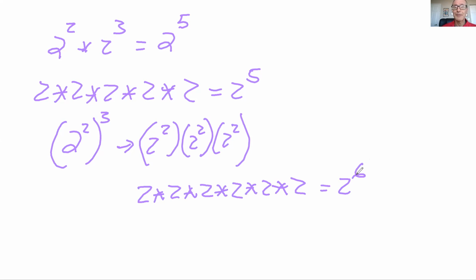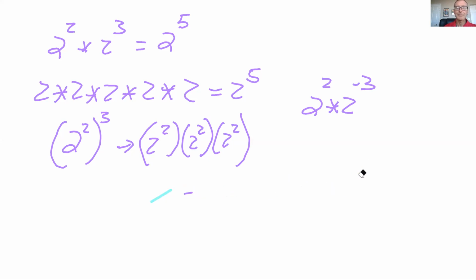The other one would be this. Say like you had this 2 cubed times 2 to the minus 3 power. All right, well, let's think about this algebraic wise. So again, if we just follow our rules, this would be 2 to the 0 power, and that would look like 1.